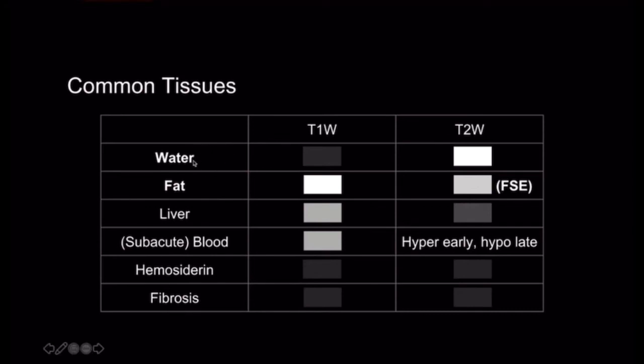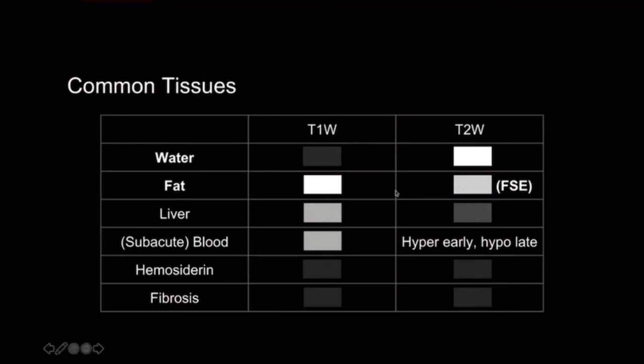So we're still imaging the water, for example, in the liver, but the T1 and T2 relaxation times are severely affected by the macromolecules that are in the liver. That's why in a normal liver, the T1 signal is relatively bright and the T2 signal is relatively dark.